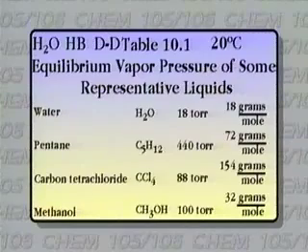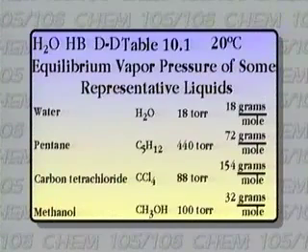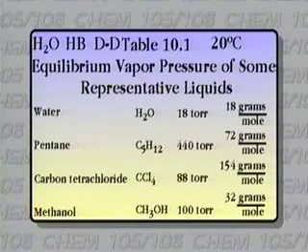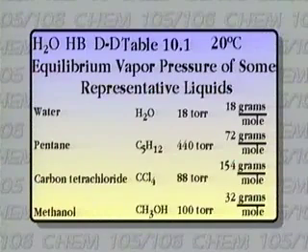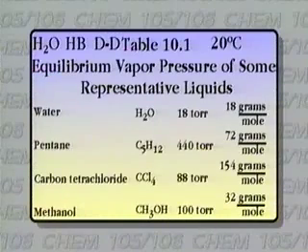So the bonding forces in water molecules are very high, a very strong intermolecular force. Therefore, water molecules cannot escape very easily. Okay? So we have a very low vapor pressure for water as compared to its mass.